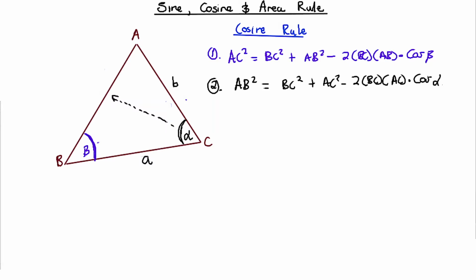Now for the last one, number 3. Let's say we were given this angle, let's call it theta. You should be able to calculate the opposite side, but you should be given this side as well as this side.